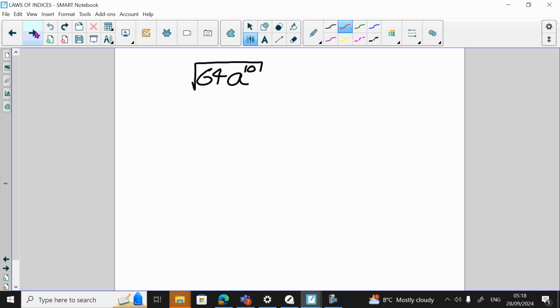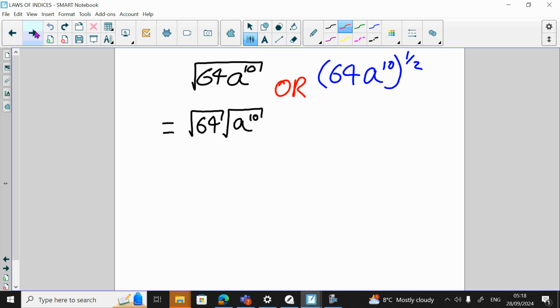Okay, this one here, similar. But there's two approaches here. I can split it up as square root of 64 times square root of 8 to the 10. Or I can exchange square root for the power of a half. I've broken up the two composite parts here. Square root of 64, square root of 8 to the 10.